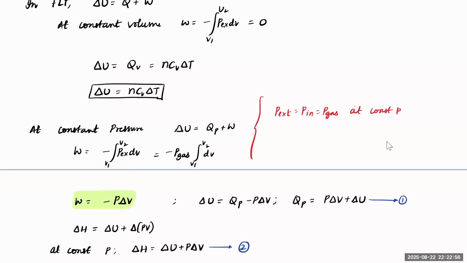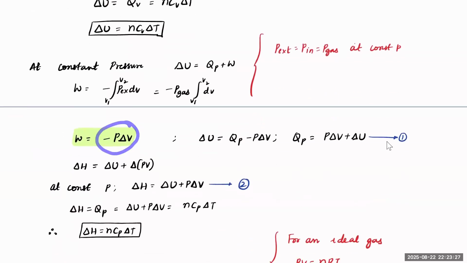P external is equal to P internal of the gas at constant pressure, because since it is at constant pressure, internal and external pressure should be the same. Then only there will not be any movement of the piston. In that case, the external pressure I have written will be the same as the gas pressure. So I can write W is equal to minus P delta V.